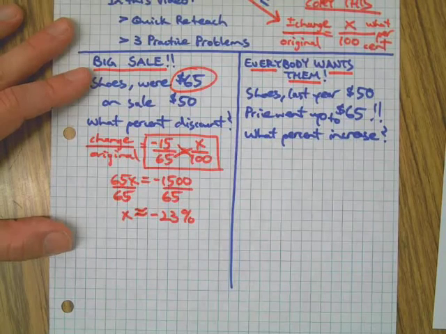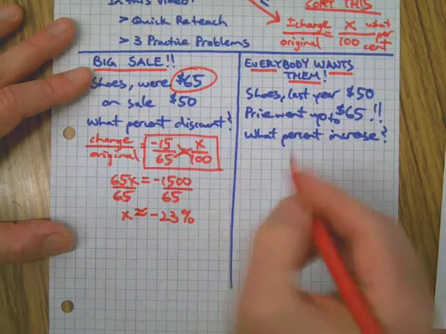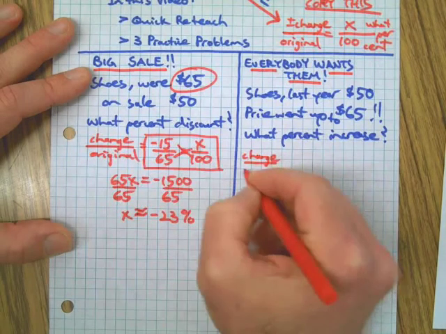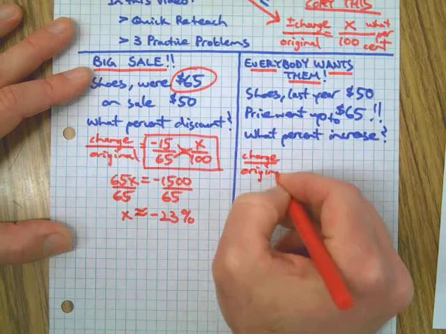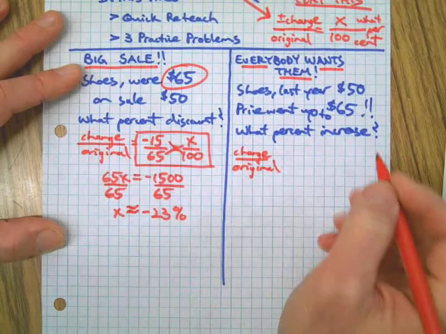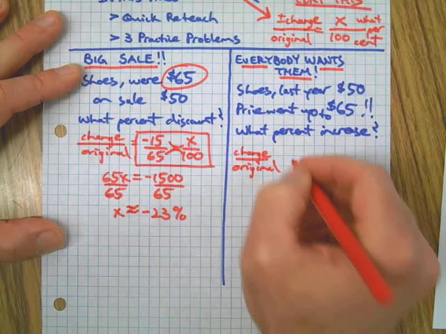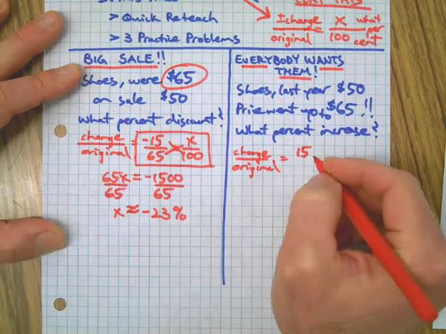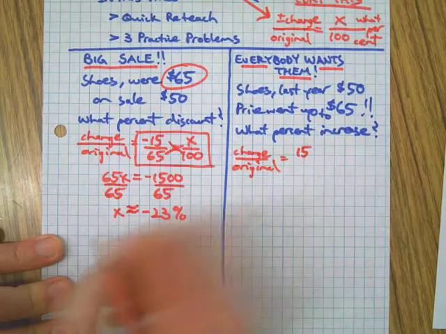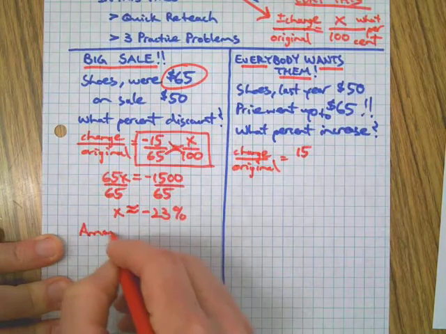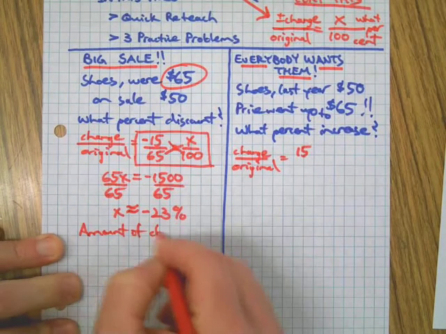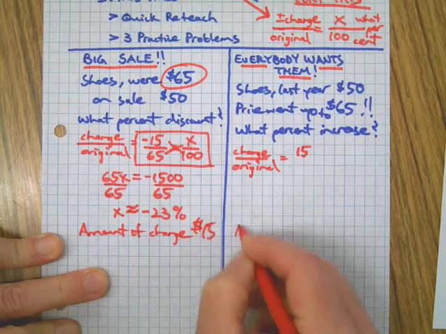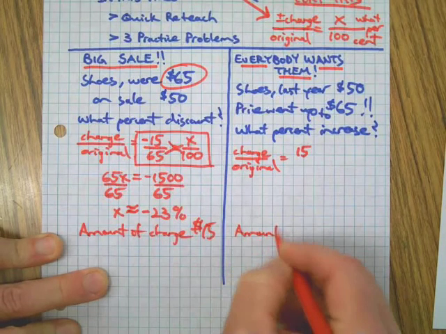Okay, that's about 23%. I rounded off. Now, when we go over here, remember to do change over original. How much did they change by? Well, they went up 15, right? So the amount of the change was the same. Amount of change, $15 on both of these problems.